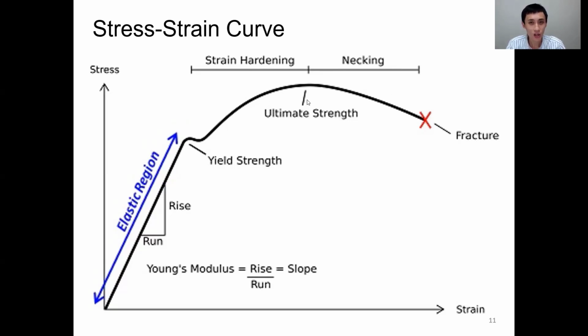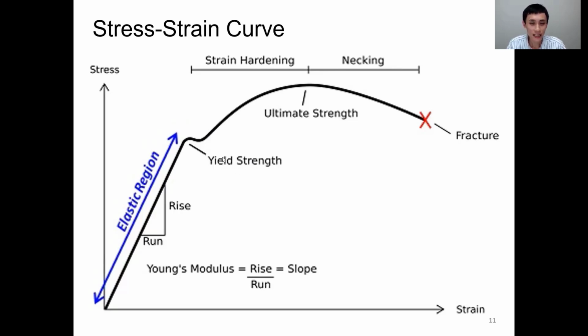If the load goes over a certain limit, the steel is going to be slightly longer and won't be able to go back to its original length. The point between the elastic and the plastic region is called the yield point, and the strength of the material at that point is called yield strength.